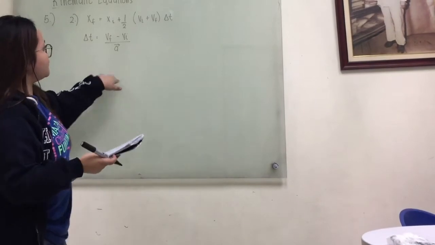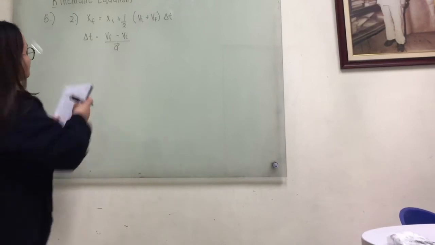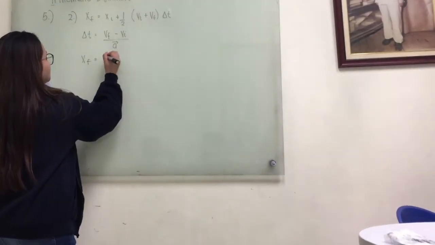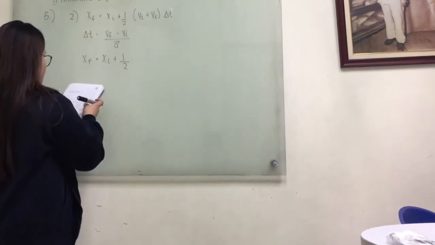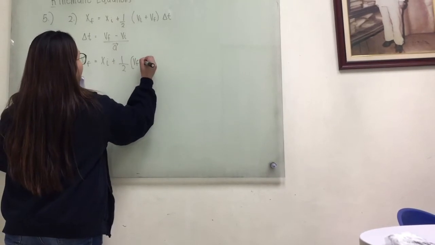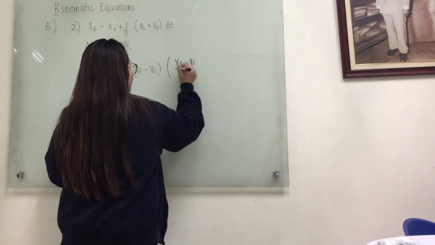So we will substitute this delta t with this equation, making our final position equal to the initial position plus 1/2 of this, we will substitute it here, making 1/2 (vf plus vi) times (vf minus vi) over acceleration.